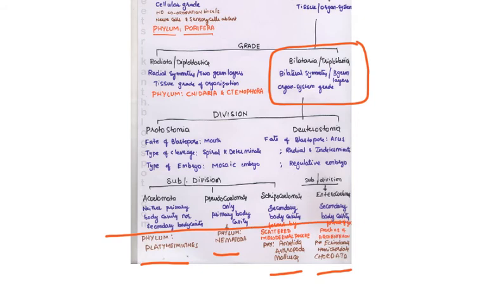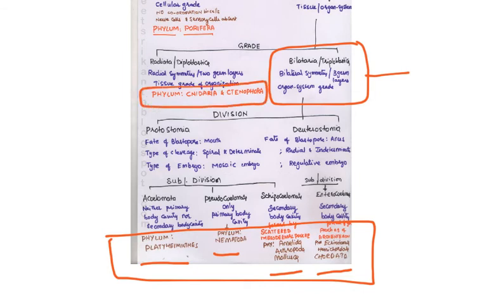Simply we say phylum Platyhelminthes to Chordata are with the triploblastic condition. The diploblastic condition is seen in phylum Cnidaria and Ctenophora. The triploblastic nature is seen in phylum Platyhelminthes to phylum Chordata.